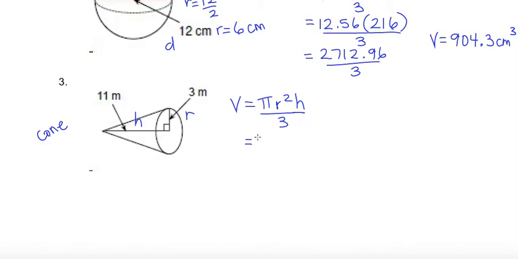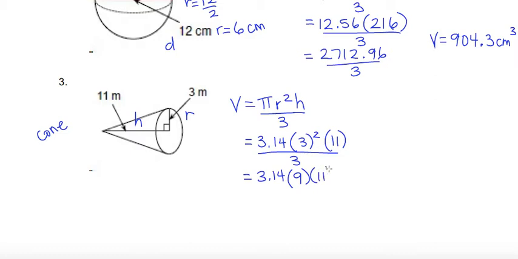Substituting in the values for my variables gives me 3.14 times 3 squared times 11 divided by 3. I need to do exponents first, so 3.14 times 3 squared, which is 9, times 11 divided by 3.